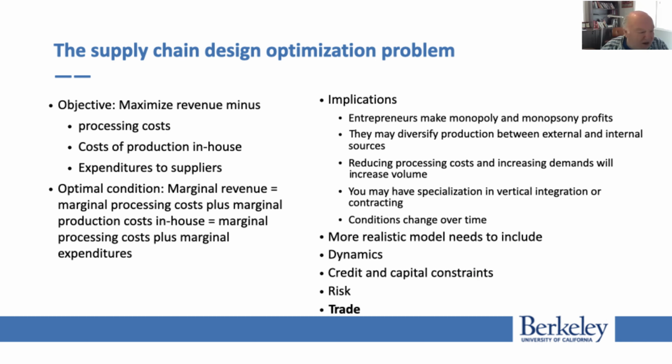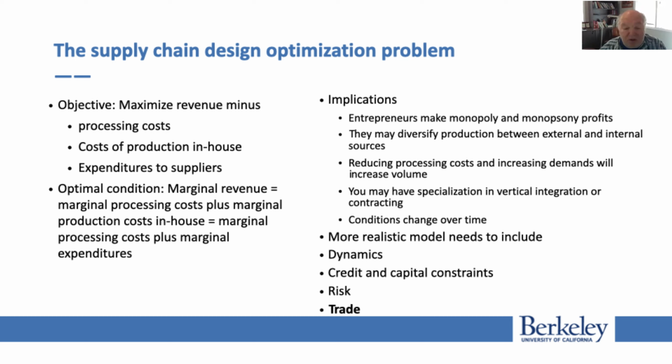Now, to some extent, the supply chain design is an optimization problem. Whoever runs the supply chain has to decide how to design it so that it will maximize their profit. So what do they take into account? They try to maximize the revenue, the amount of income they make, minus the cost of processing or production in-house or expenditure to suppliers, and decide about two decisions: how much to produce in-house, how much to buy from others.